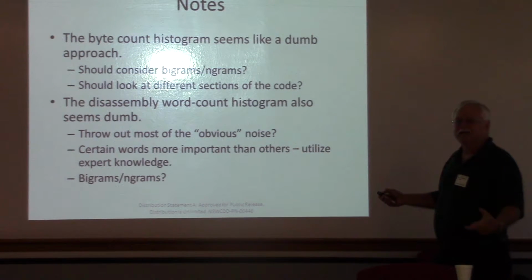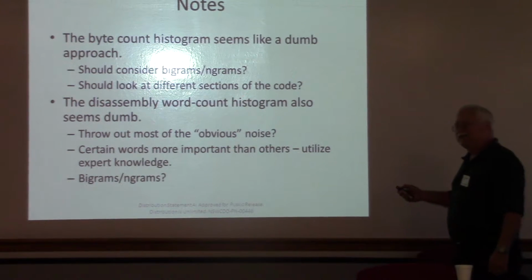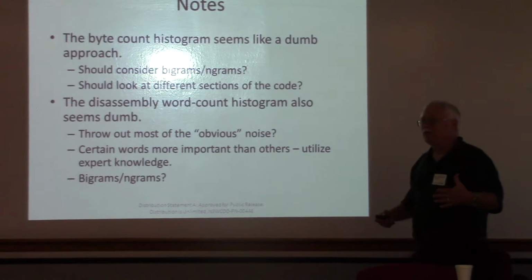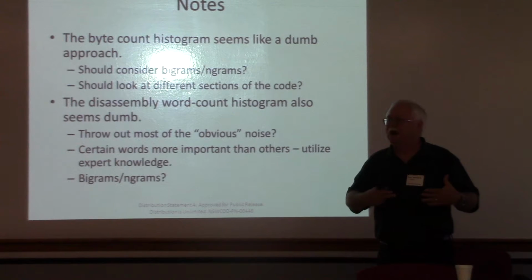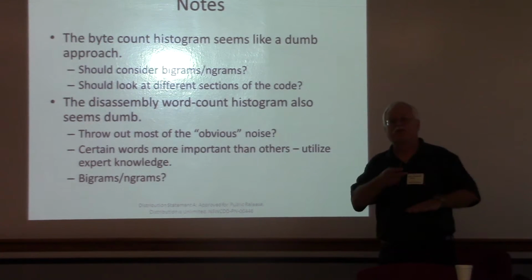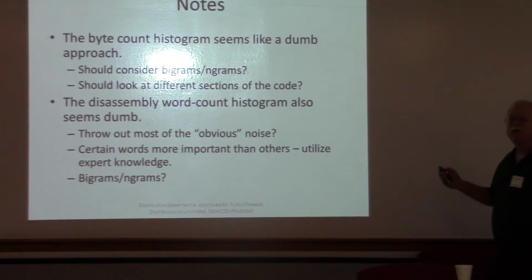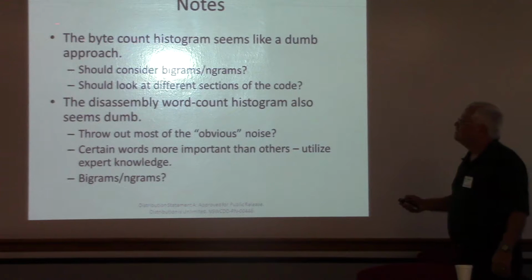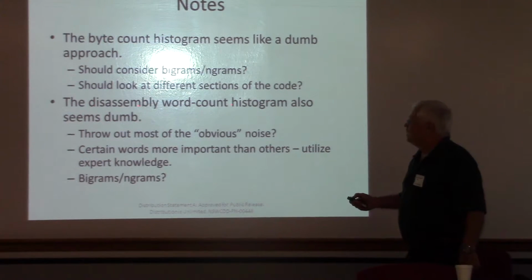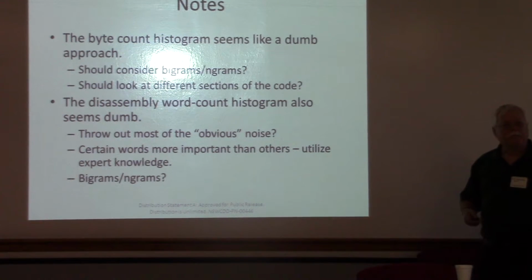Let's look at 16 bits instead of 8, or more general n-grams. Shouldn't I look at different sections of the code? When the code starts up, that might be a critical point, and so maybe I should be doing different things in different chunks. Nah, I'm just going to take a byte count. Seems really stupid. This seems stupid too.